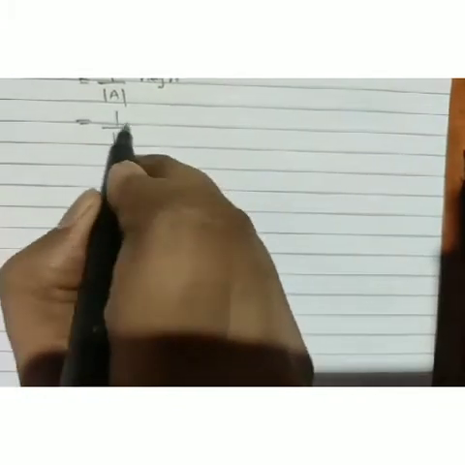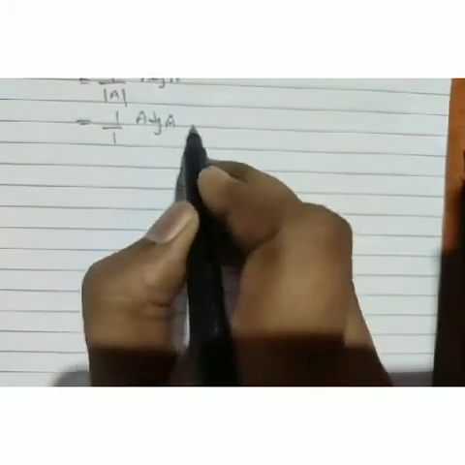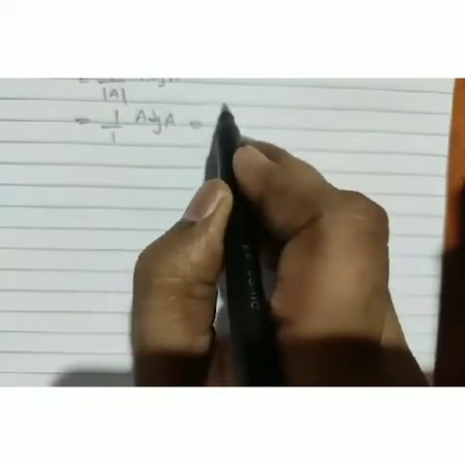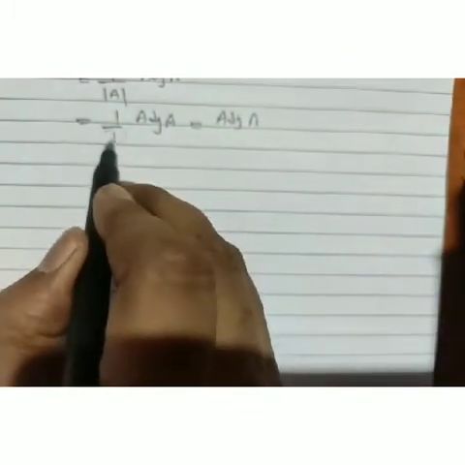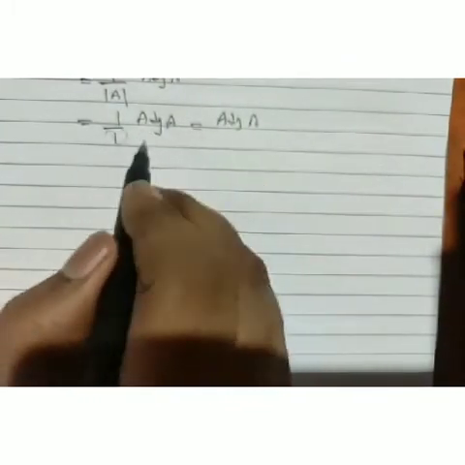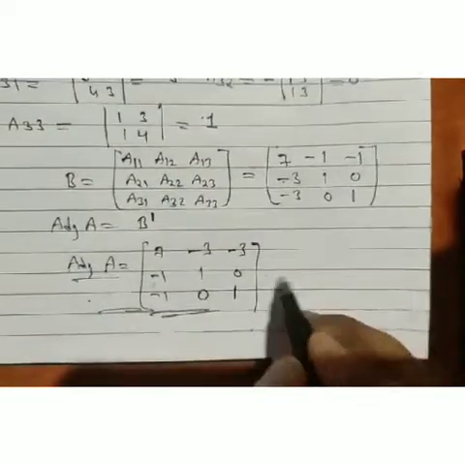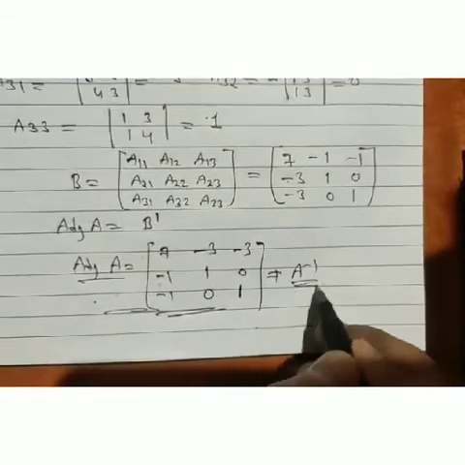Then there is not going to be any change. 1 by 1 we get 1. Then our A inverse is what? The value of the adjoint of A, because when we divide it by 1, there is no change. Then our A inverse is the same value. This is our A inverse, because to get A inverse, the adjoint of A is divided by the determinant of A, which means divided by 1.